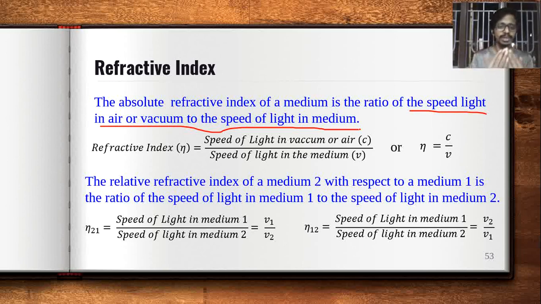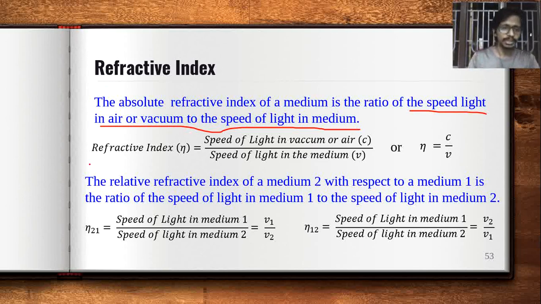So if we know the refractive index of one medium with respect to air, and of another medium with respect to air, then we can find the refractive index due to those two media.